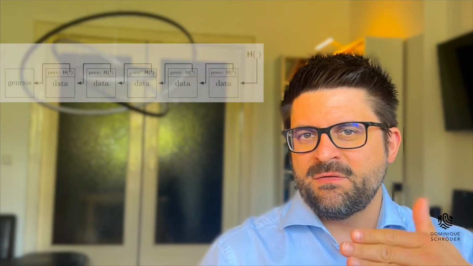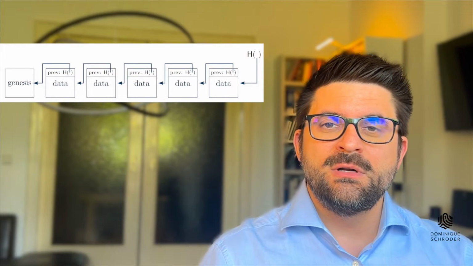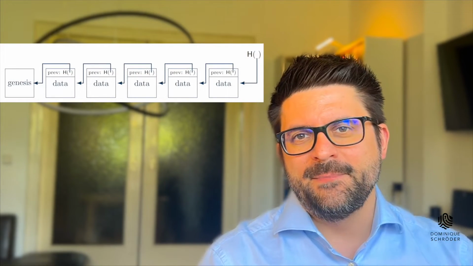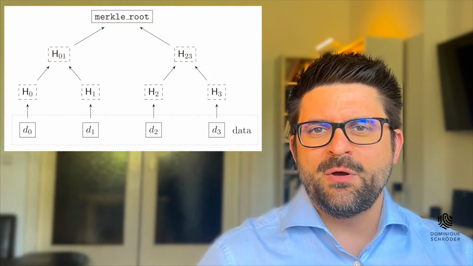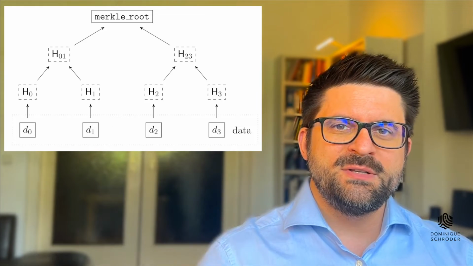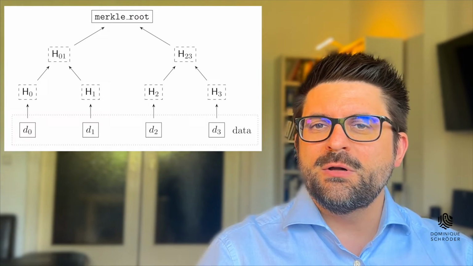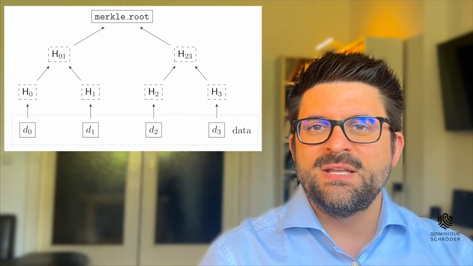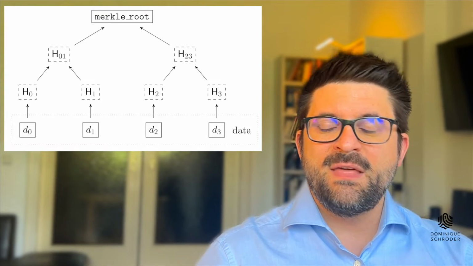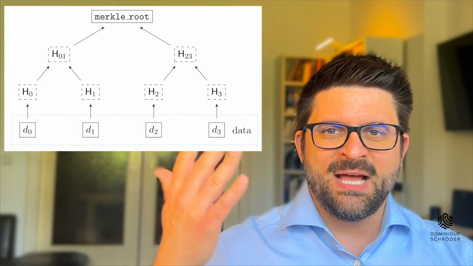The next amazing data structure that we will discuss can be seen as a generalization of the linked list that we just saw to a binary tree. And this is known as the Merkle tree. So what is a Merkle tree? Well, we will see a pictorial description here. A Merkle tree is a binary tree where the data are essentially stored in the leaf values. Each of these data entries is hashed.